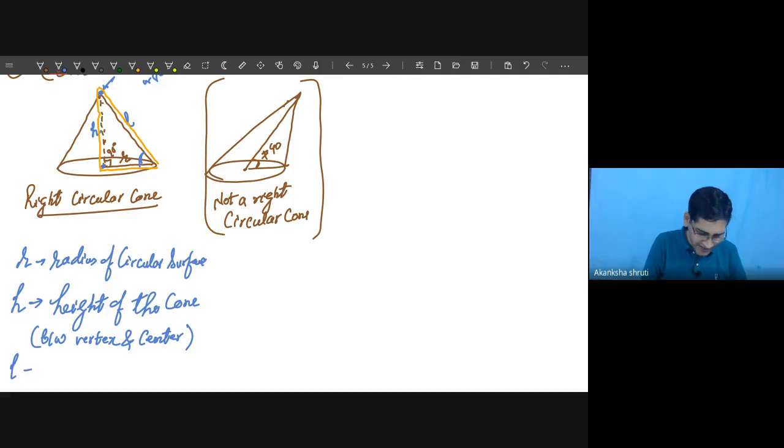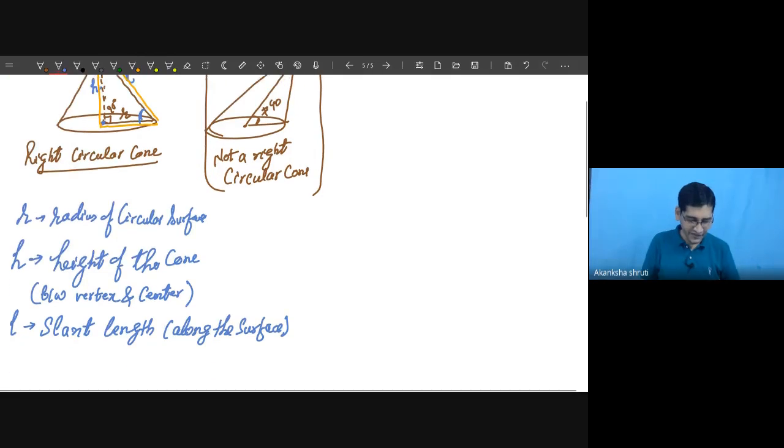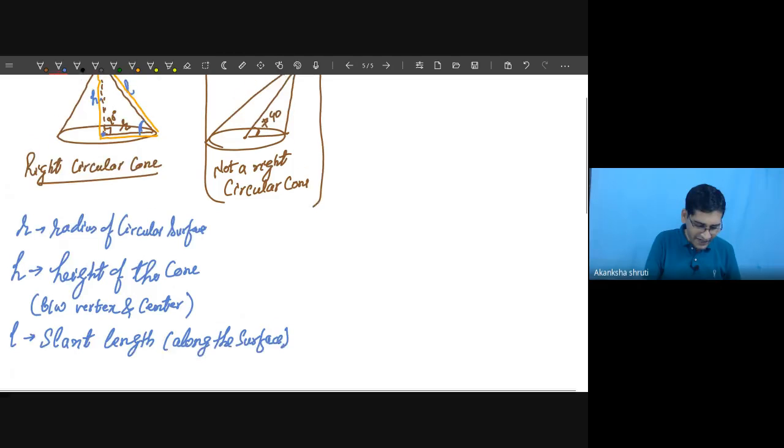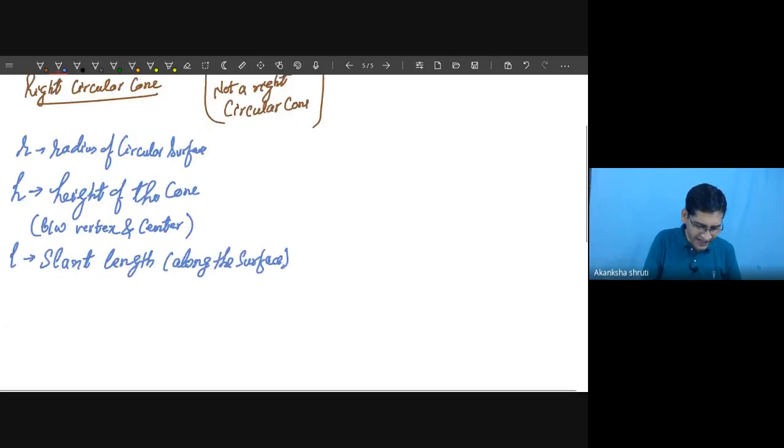So this length is called the slant length, SLANT length. It is along the surface. Students are many times getting confused. So keep in mind, there is a relation between r, h and l. It is forming a right triangle.